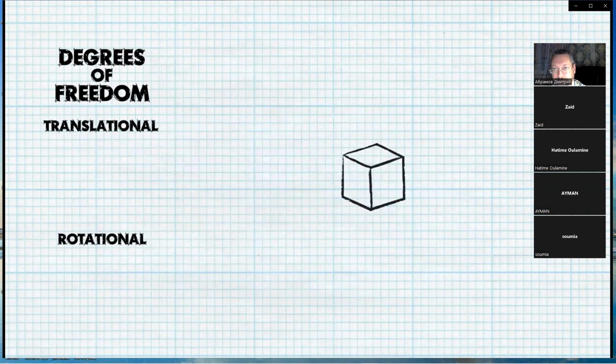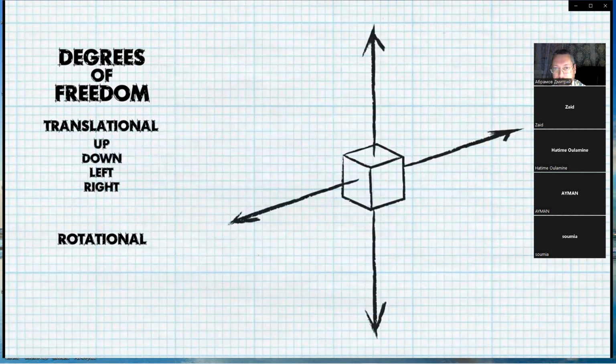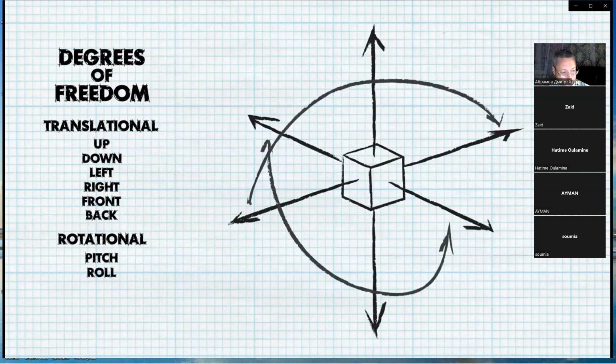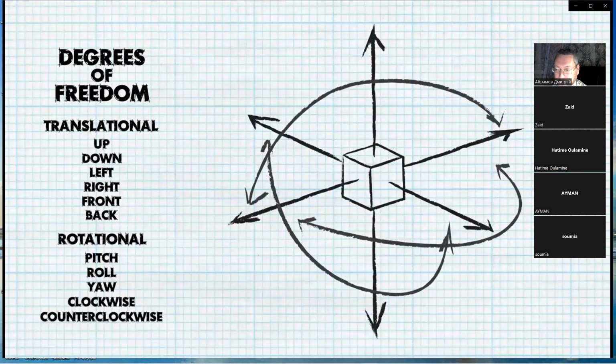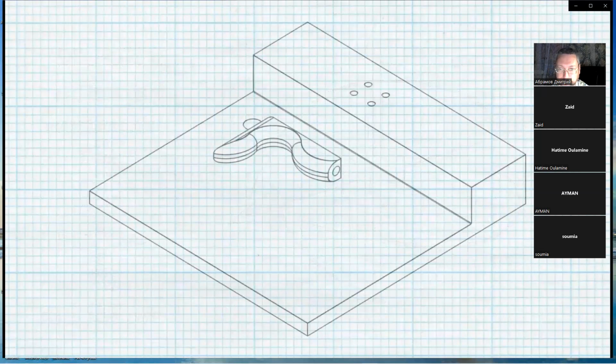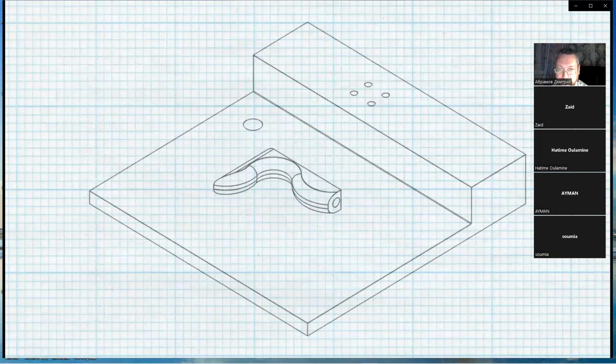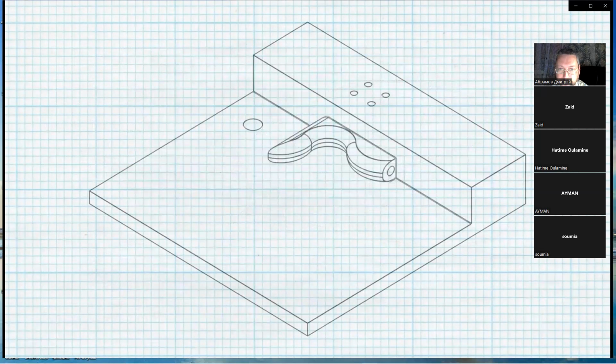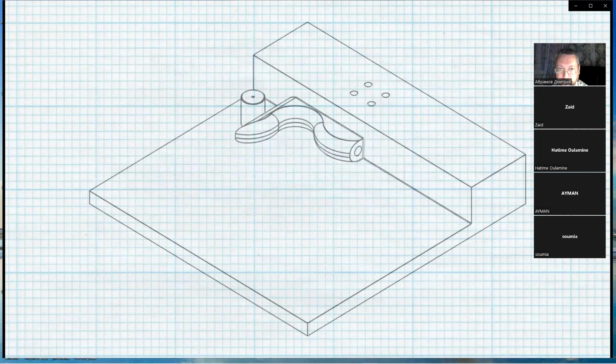Translational degrees of freedom allow movement up, down, left, right, front, and back, while rotational degrees of freedom are classified as pitch, roll, and yaw, with clockwise and counterclockwise directions available for each type of rotation. When designing a work-holding unit, consider each degree of freedom and how to limit the motion in that direction until all 12 degrees of freedom have been restricted.